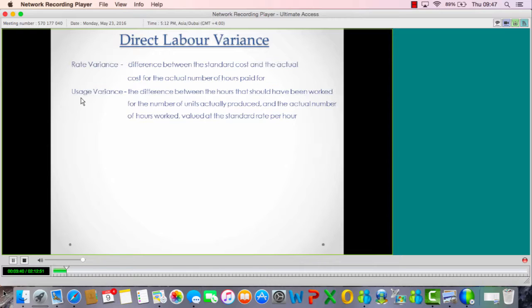The price we use here is the rate, which means the hourly rate. In direct material this is usage; here we call it efficiency. That is how much labor was consumed. Okay, is it clear? These two are the same as direct material. Any questions regarding this?